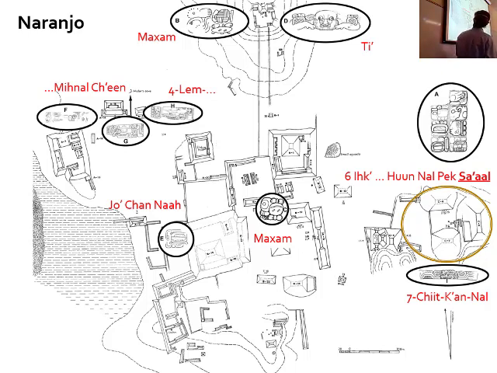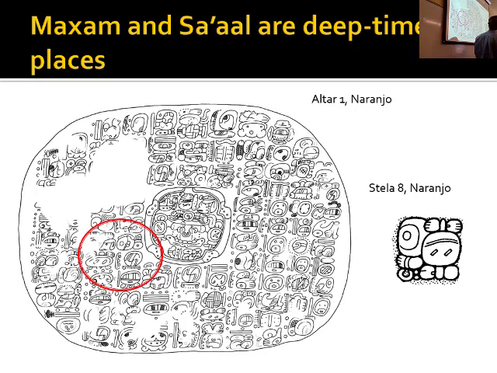What is interesting, though, is that these place names, Maxam and Sa'al, they're ancient. So according to this altar, Maxam was occupied 17,000 years ago. They're arguing that their kings essentially never left from before the current creation. So instead of saying our authority comes because we traveled to Teotihuacan or to a distant mountain, or we came from a place beyond the sea, Naranjo, they're basically like indigenous.